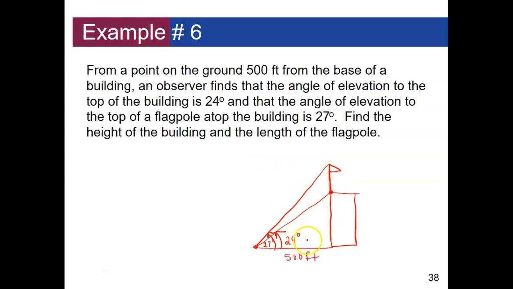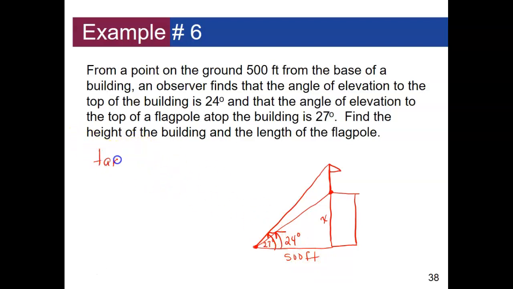So if I take this and try to find this, I'm going to let this be x, and then we'll deal with the other part in just a minute. So if I'm looking at the first triangle that I drew here, I know the opposite and I know the adjacent. So if I'm working with opposite and adjacent, I'm again going to be using tangent.